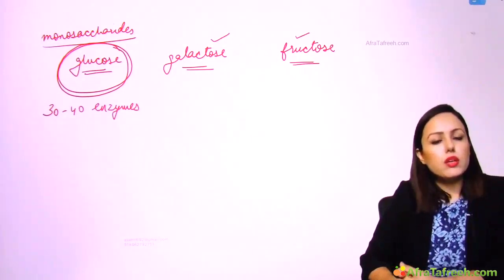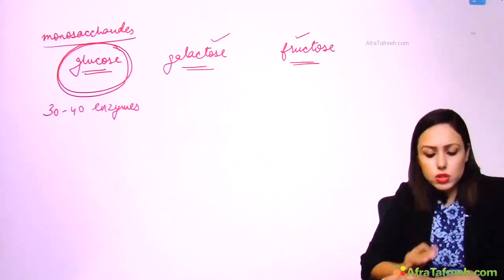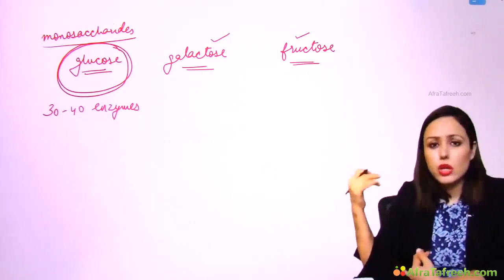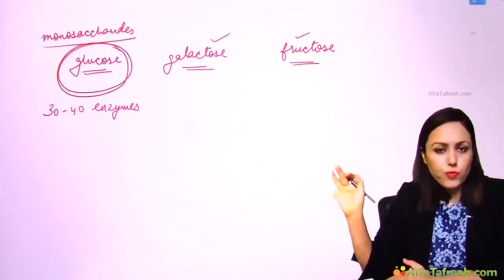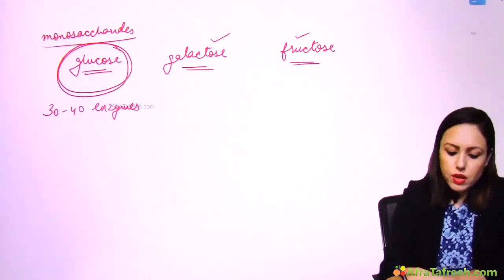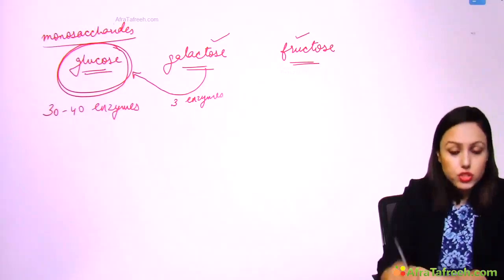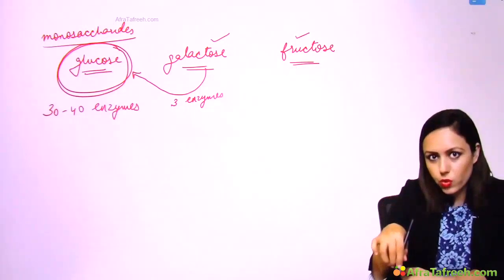So body is very smart. Body will not make all the 30-40 enzymes different for galactose, different for fructose. No. What body will do, that body will convert galactose to glucose with the help of 3 enzymes which are required new in this case now.